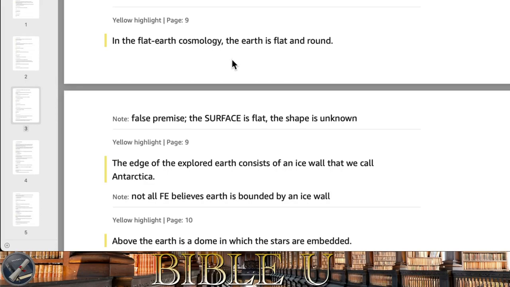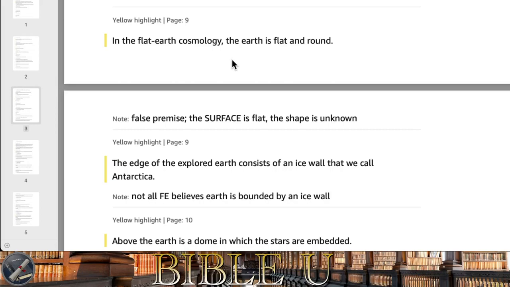Many don't claim any shape at all, just flat as opposed to a ball. That's it. The surface we walk on and sail on is flat. It is measured flat. Yes, it has topography, as I mentioned, but we don't say it's necessarily round. Everybody doesn't say the same thing regarding that.